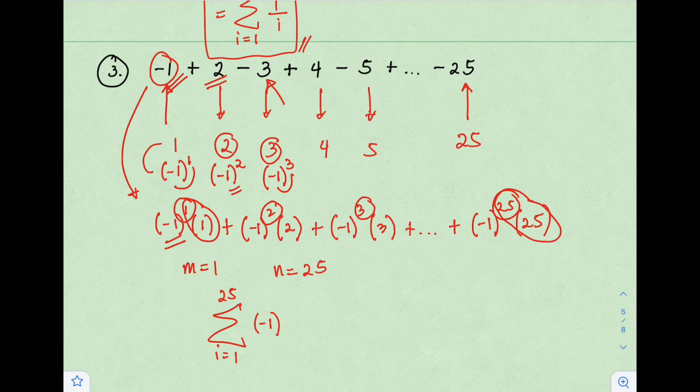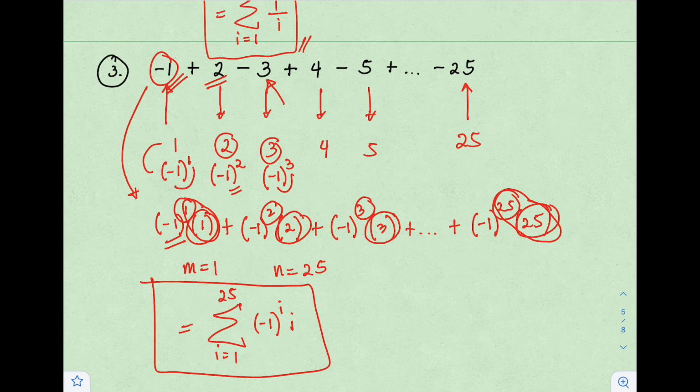Tama? So, therefore, that is letter i times kay 1, 2, 3, 4 hanggang 25 din which is i. Okay? So, ito na ngayon yung ating magiging sigma notation. Nakuha guys?